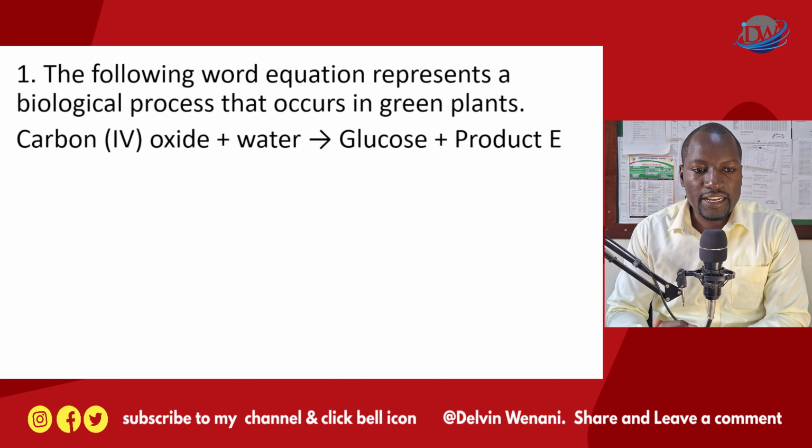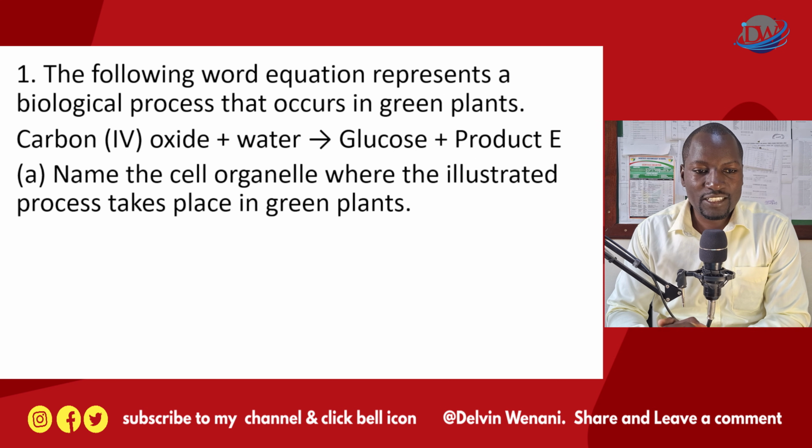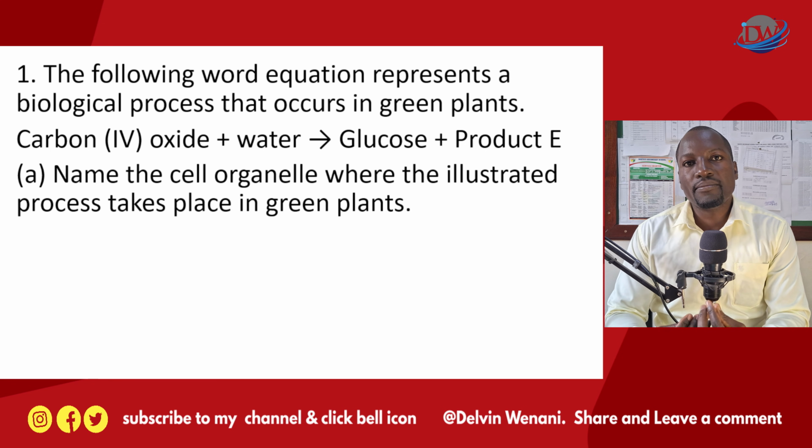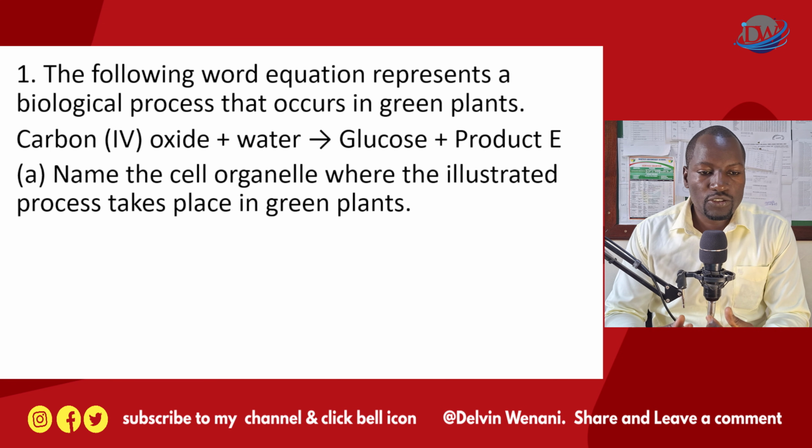Question A. Name the cell organelle where the illustrated process takes place in green plants. Before we name the cell organelle, first of all, we need to understand which process this is.